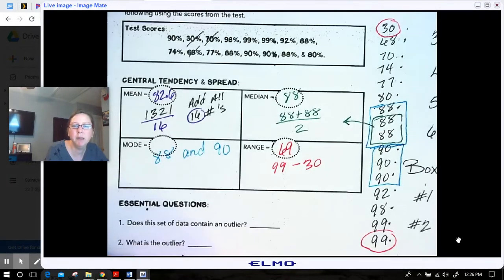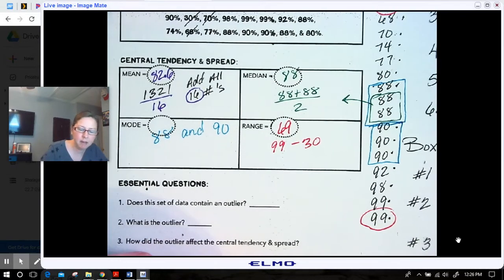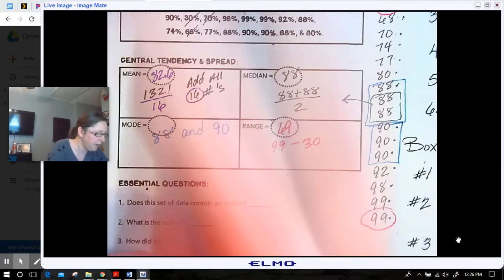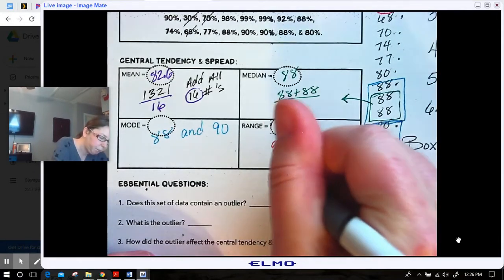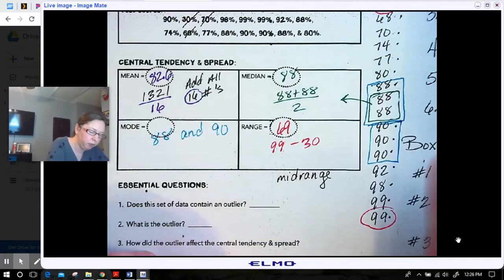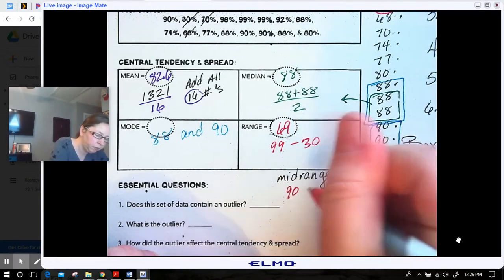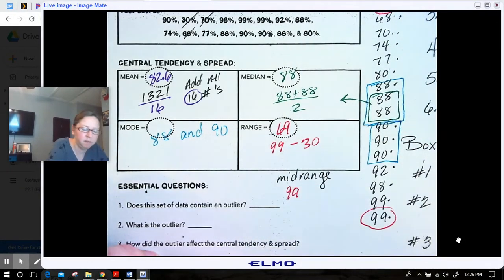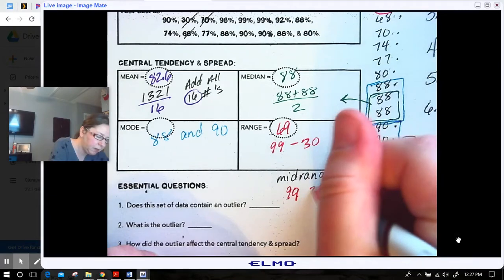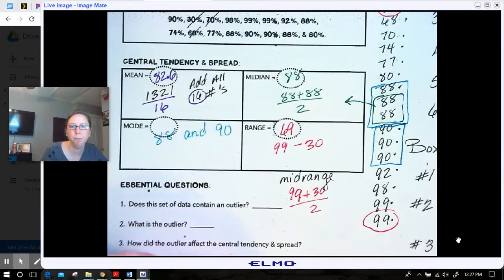Now, there is one here that we have not been asked to find, and that is the mid-range. And I want us to add this here. How do we find the mid-range? The mid-range is going to be to take the largest number, which is 99, and the smallest number, 30, add them together and divide by 2.